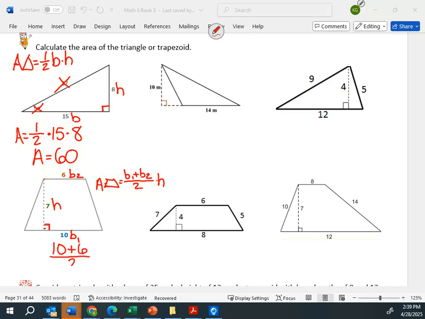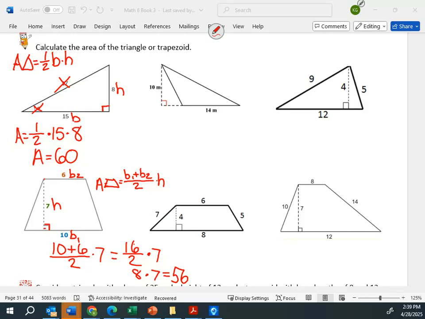I'm going to divide that by 2, and then I'm going to multiply that by my height of 7. So that equals 10 plus 6 is 16 divided by 2 times 7. 16 divided by 2 is 8 times 7. 8 times 7 equals 56. So I get 56 for my answer.